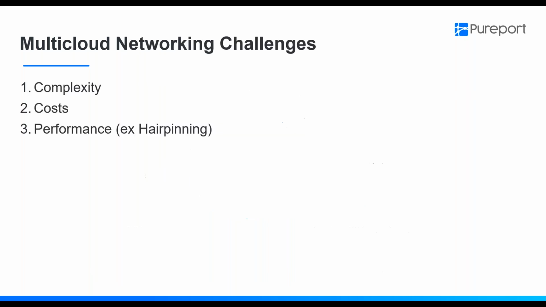To achieve, though, this benefit of multi-cloud architectures, one thing is really going to have to change, which is multi-cloud networking. To date, there's been kind of three major issues when you start to talk about multi-cloud networking, in other words, connecting two or more public clouds directly together. Complexity, high cost, and performance.